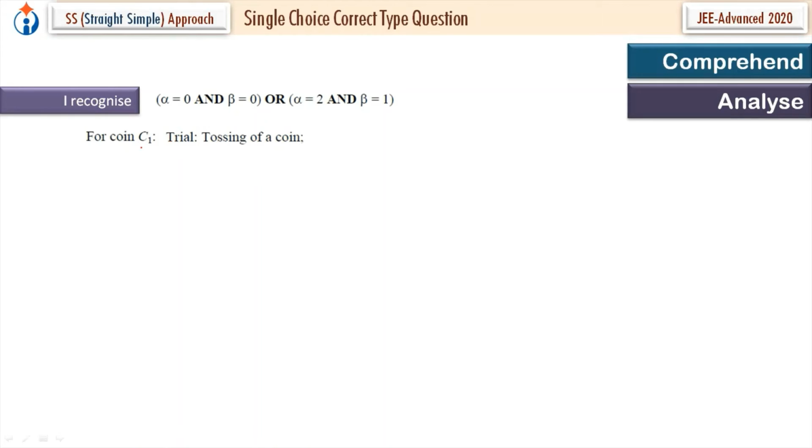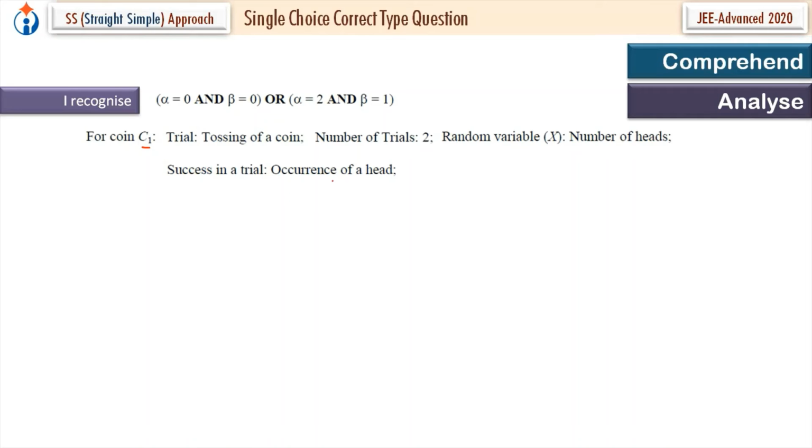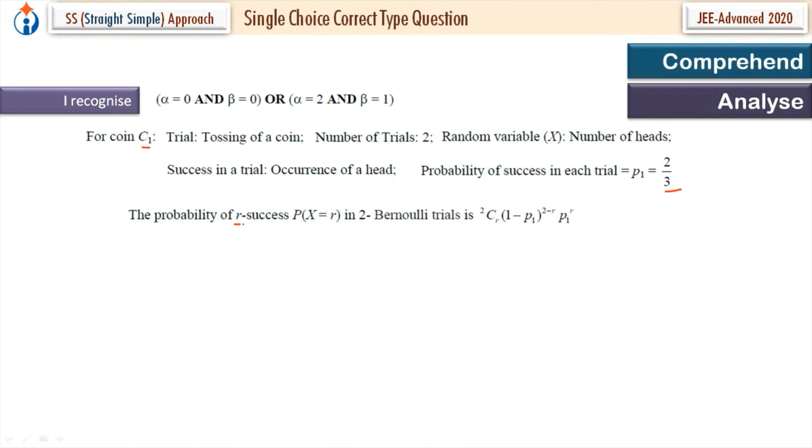So now let's look at this tossing of two coins. Tossing of a coin 2 times. For coin C1, the trial is tossing of a coin, number of trials 2, random variable is the number of heads, success in a trial is occurrence of head. Probability of success in each trial is given, P1 is equal to 2 by 3. So the probability of R successes is this.